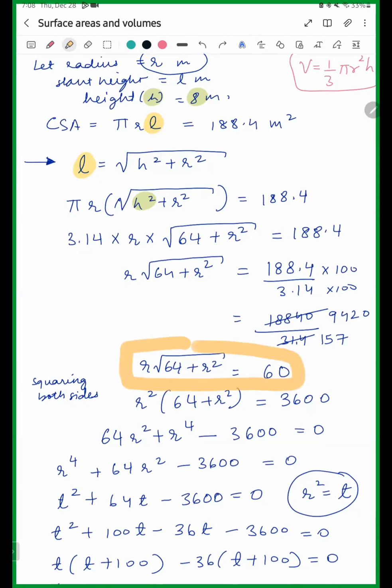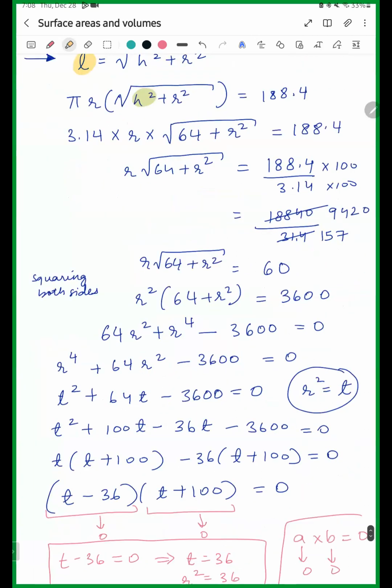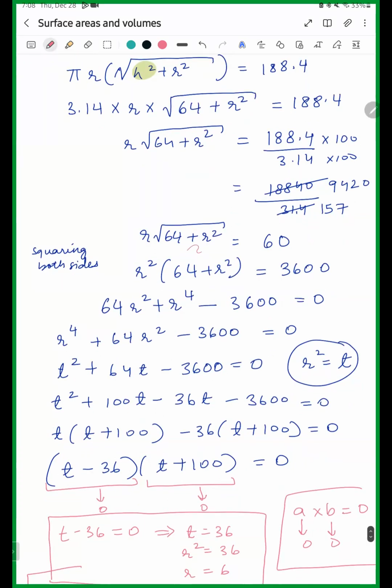Now here what we did was, we squared both the sides because we have to get rid of the under root. So to get rid of the under root, we squared it on both the sides and we got this thing. Now what we need to remember, what is our purpose, what do we want to do, what is our aim? Our aim over here is to find r.